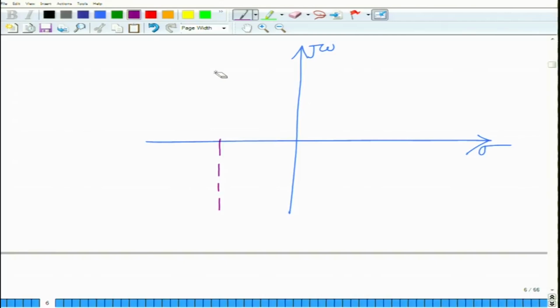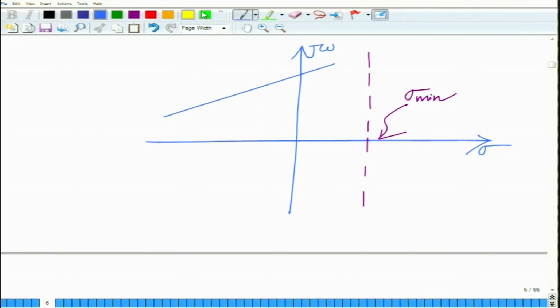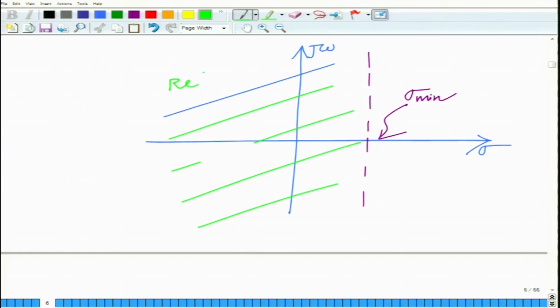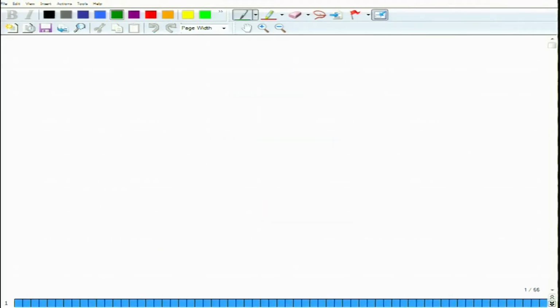Let us say this point is your sigma min, this line is real part of S equal to sigma min, then the ROC will be real part of S less than sigma min, and this is your ROC. ROC equals real part of S less than sigma min. Let us look at a simple example to understand this.